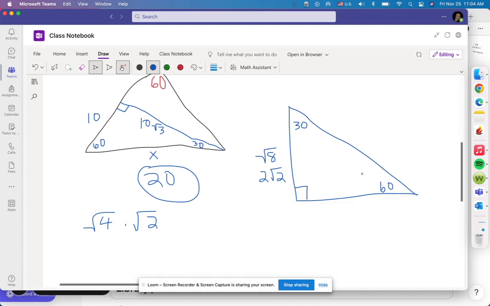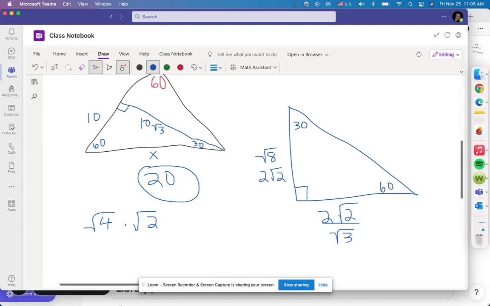Now I'm going from opposite 60 to opposite 30. Well, if I was going from opposite 30 to opposite 60, I would multiply. This time you're dividing. So I'm going to go 2 radical 2 divided by square root of 3.